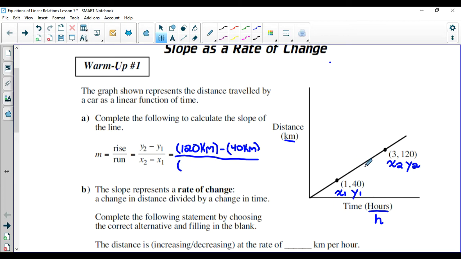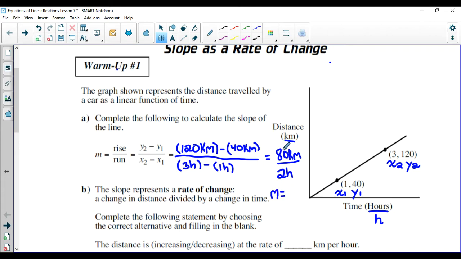And then we're going to divide this by x2, which is 3 hours, and then subtract x1, which is 1 hour. So if I subtract these, I would get 120 minus 40 is 80 kilometers, and 3 hours minus 1 hour would just be 2 hours.